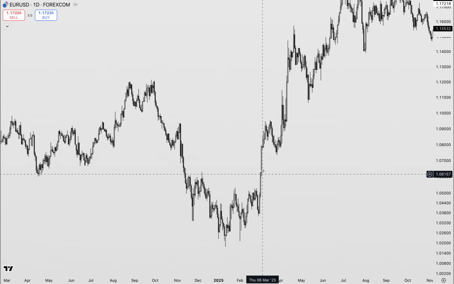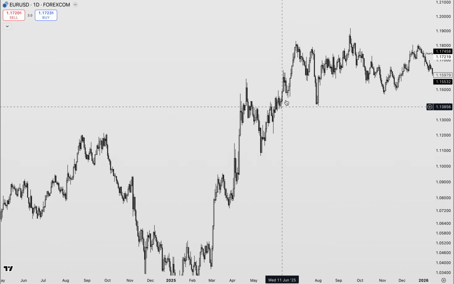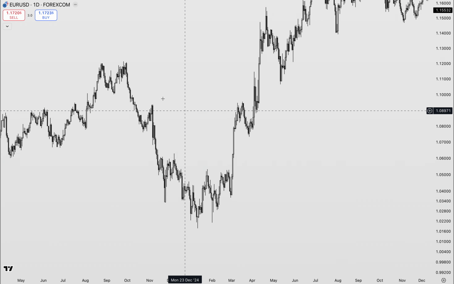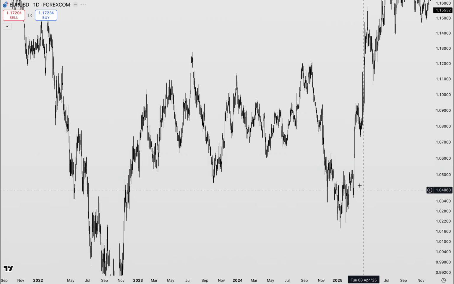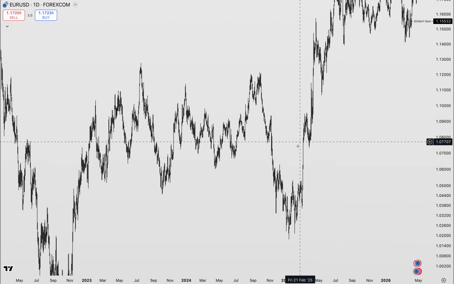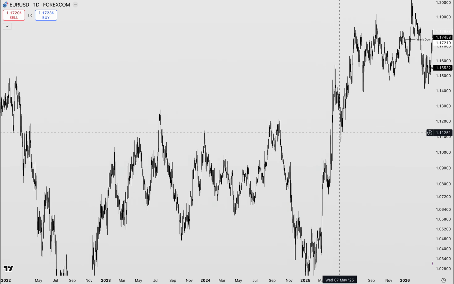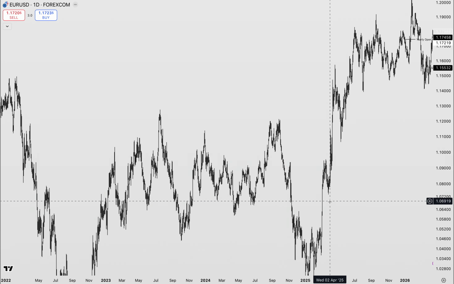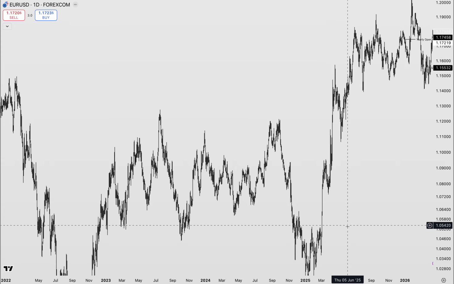So we'll trend, do a range, trend, range, trend, range, trend, range. It just shifts between both of those. The market's doing one of the two things on all time frames. It's either trending or it's ranging, building up fuel to expand again, or reverse, or retrace.